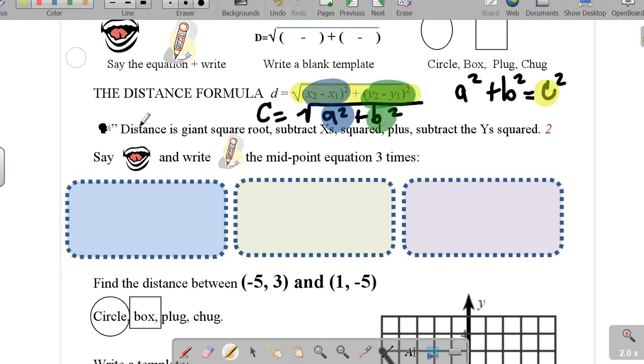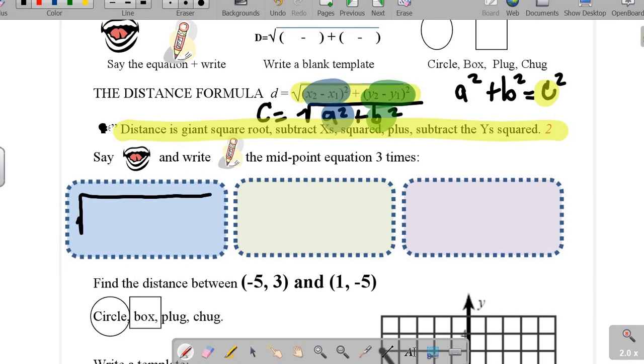This is what we're going to say as we write it 3 times. The distance equation is giant square root, subtract the x's squared plus subtract the y's squared.